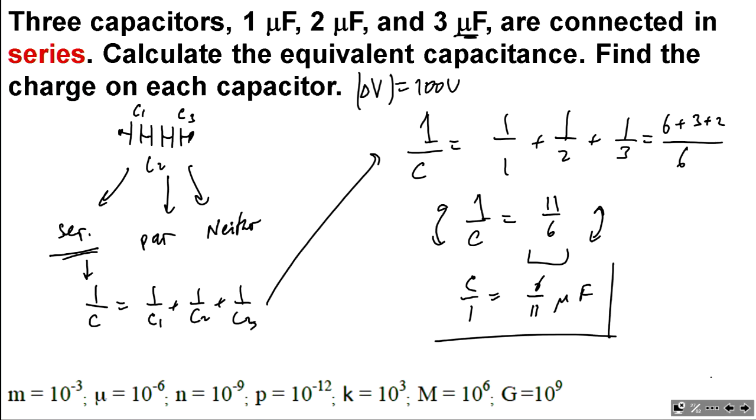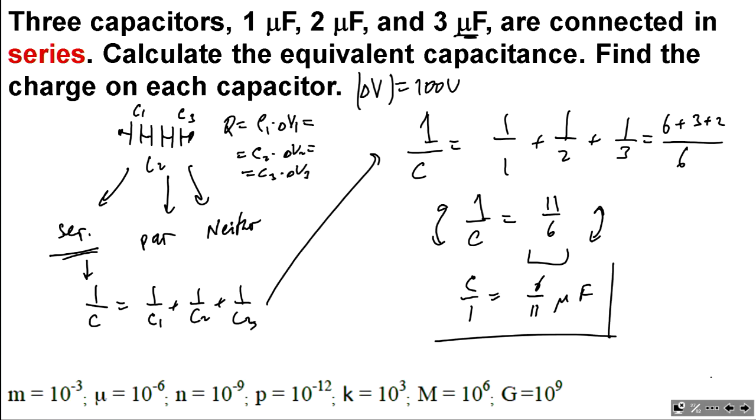How do we calculate the charge? Well, we have 4 different options. We know that for capacitors connected in series, the charge on each capacitor is the same. So Q should be equal to C1 times delta V1, or C2 times delta V2, or C3 times delta V3.